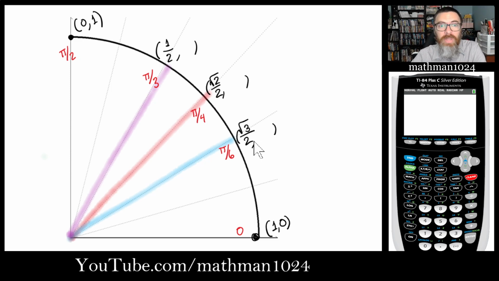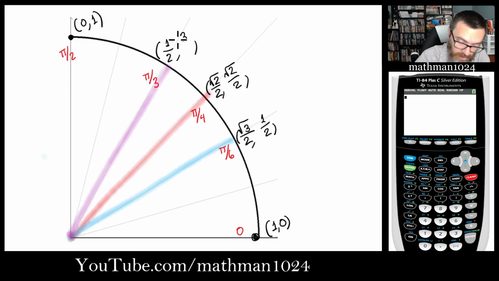So that will be the pattern for your x coordinates. Your y coordinates are going to look very similar to that. So 0, 1, 2, 3. The square root of 1 is 1. Put it over 2. The square root of 2 divided by 2. The square root of 3 divided by 2. So we have these key values.